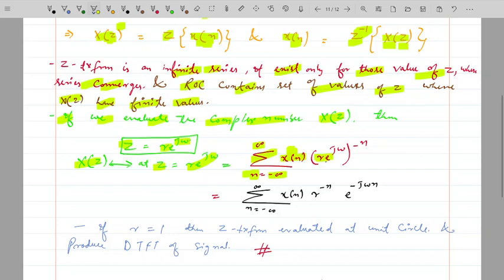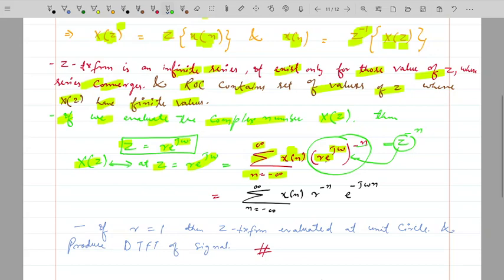The value of z is equal to r e raised to power j omega, so we replace z with r e raised to power j omega, raised to power minus n.